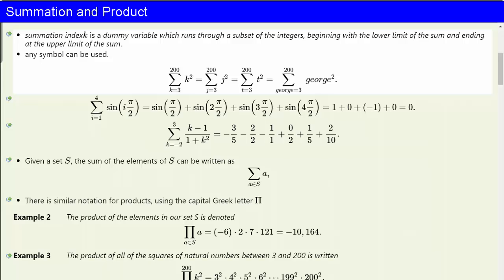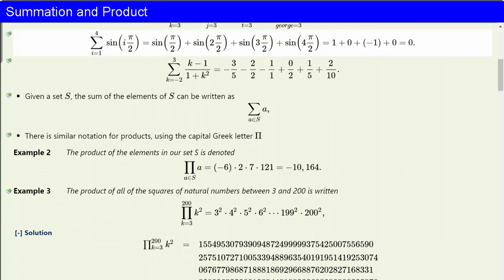We could just as well have used j or t or even George to indicate the summation index. The summation from k equals 3 to 200 of k squared is exactly the same as the summation from j equals 3 to 200 of j squared, and that's the same as the summation from t equals 3 to 200 of t squared, and that's the same as the summation from 3 to 200 of George squared.